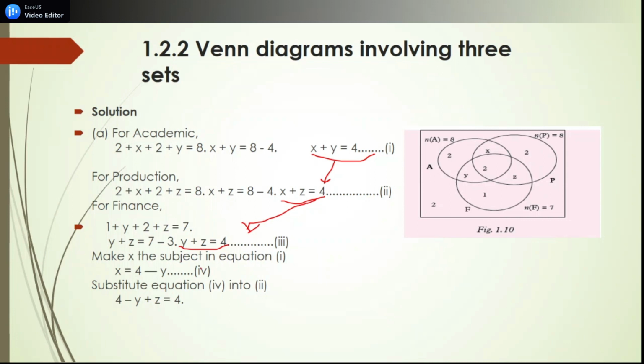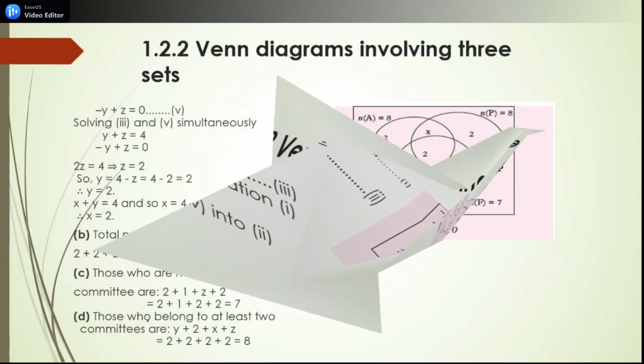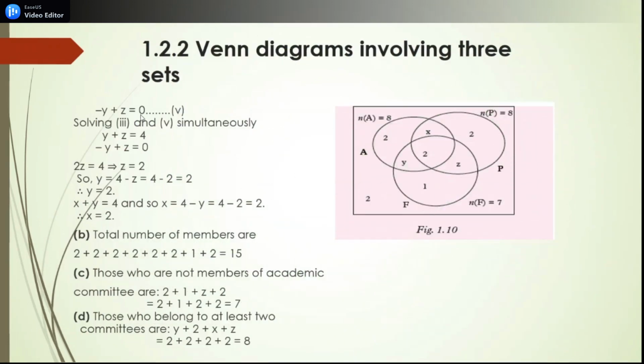After making the substitution, we remain with the equation negative y plus z equal to 0. It is negative y plus z is equal to 0. Compare this equation with equation 3. Equation 3 is this one. Equation 5 is this one.